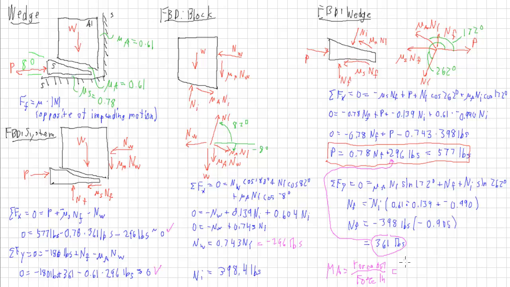This block is 180 pounds, and the force we're putting in is P, and P ends up being 577 pounds. So our mechanical advantage isn't very advantageous. It's less than 1. In fact, it's only 0.31.